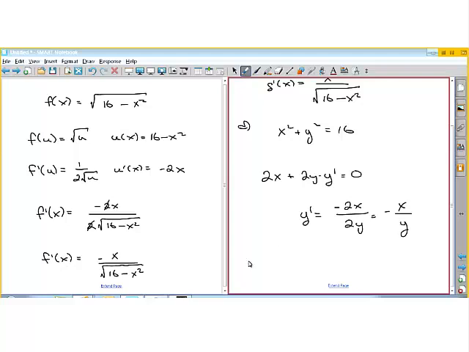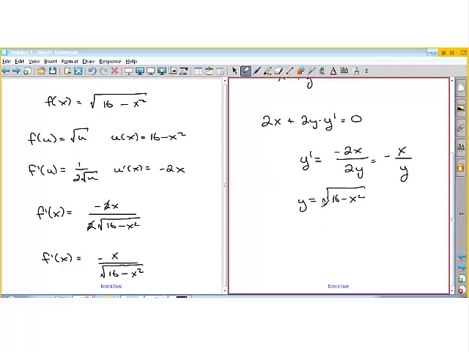That seems kind of strange because it doesn't look like this, but remember y is plus or minus the square root of 16 minus x squared. If I plug that in for y, I get y prime equals negative x over the square root of 16 minus x squared. So it does work out.